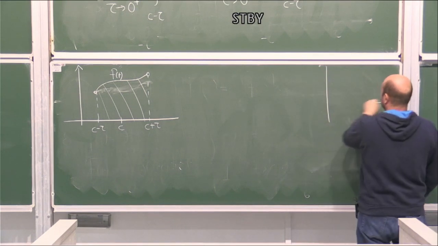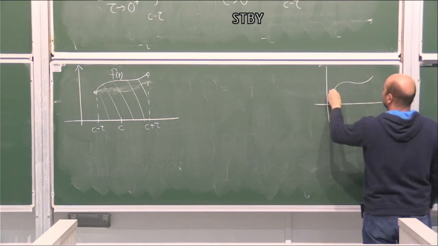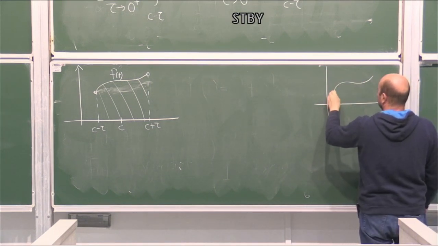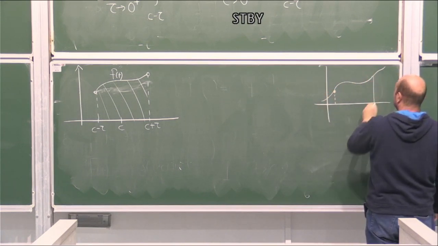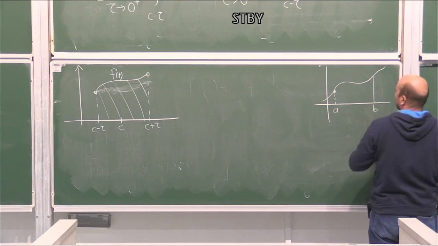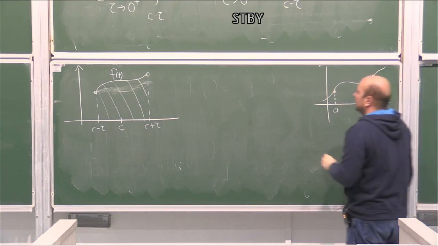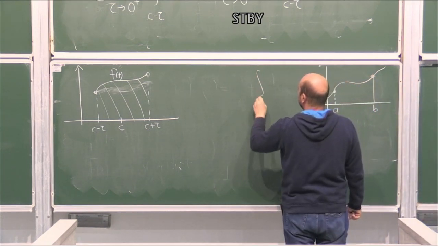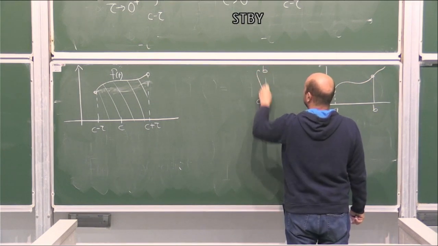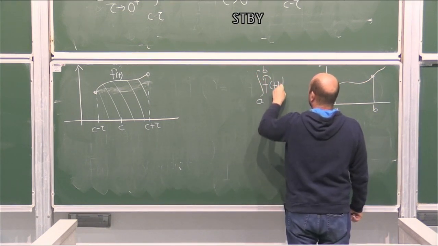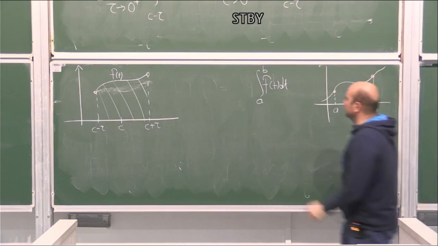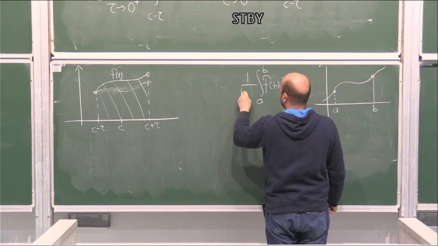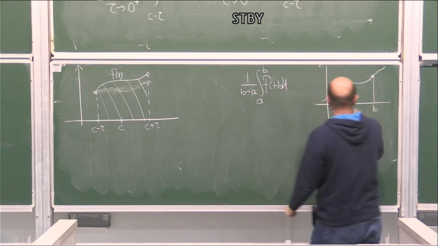Let's say you have a continuous function between a and b. Then you can integrate from a to b and divide by the length of the interval, which is b minus a.